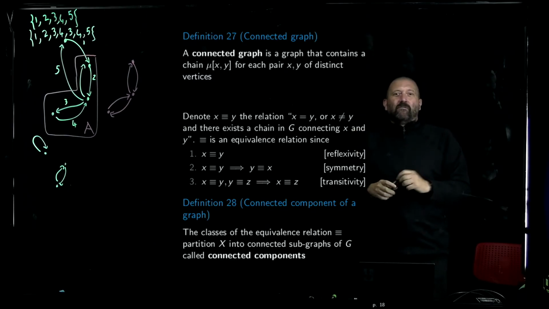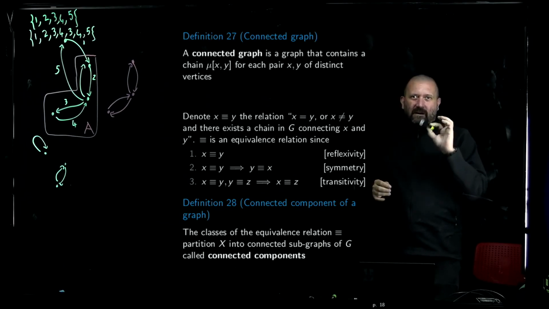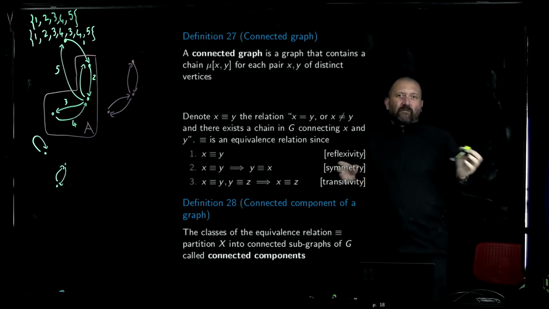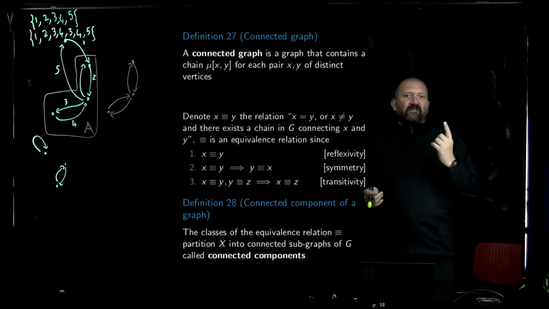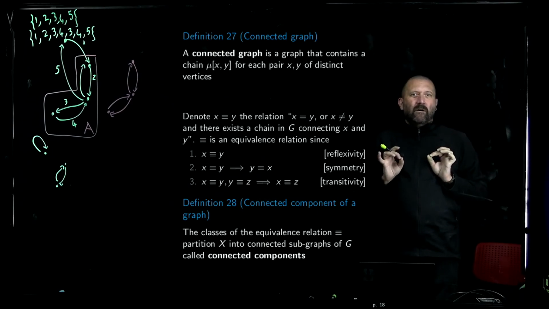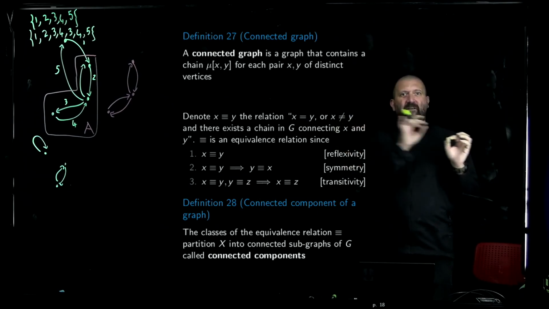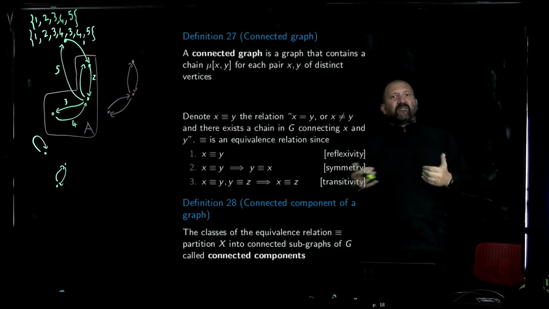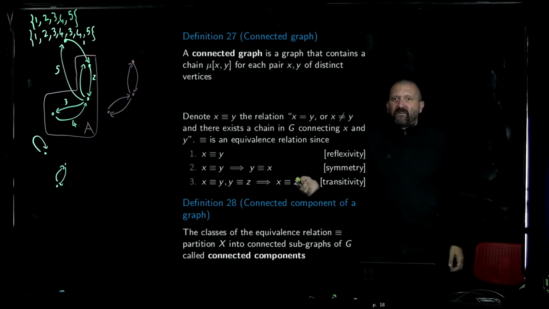So what this means here: if I denote x, we typically say x is equivalent to y, the relation that says x is either equal to y, so the vertex is the same, or they are different and there's a chain connecting x and y. Then it has those properties.